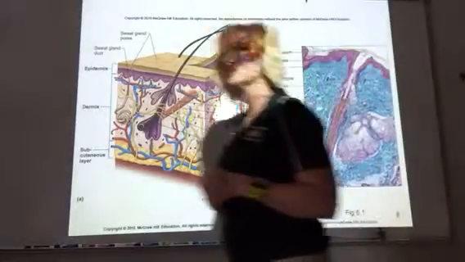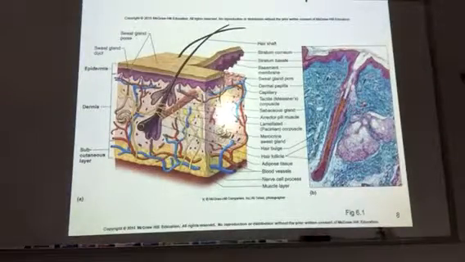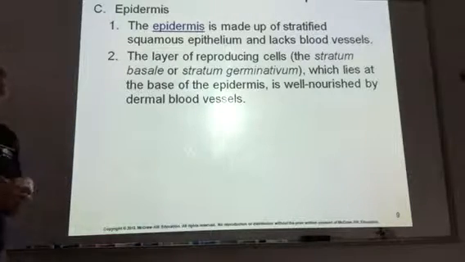For this picture, make sure that you study and label it. As I look at the layers, the epidermis has special layers that go with it. It is stratified squamous tissue that lacks blood vessels, but it has layers of cells within it.